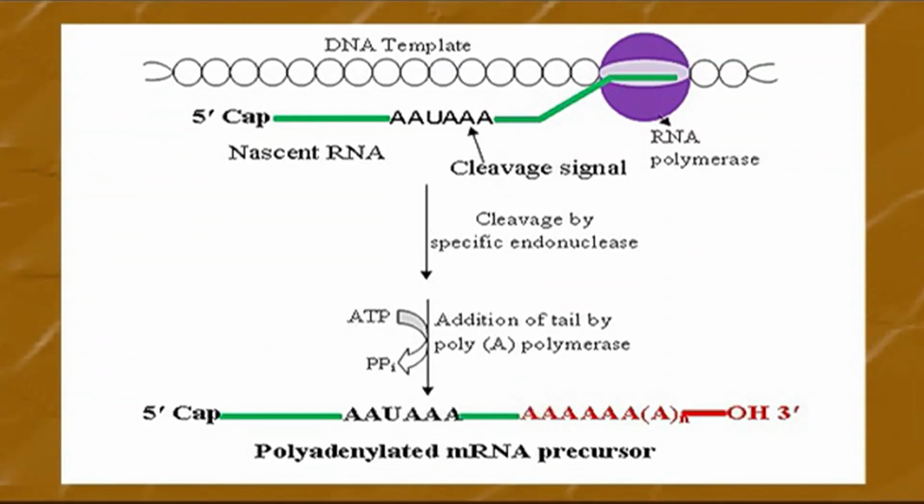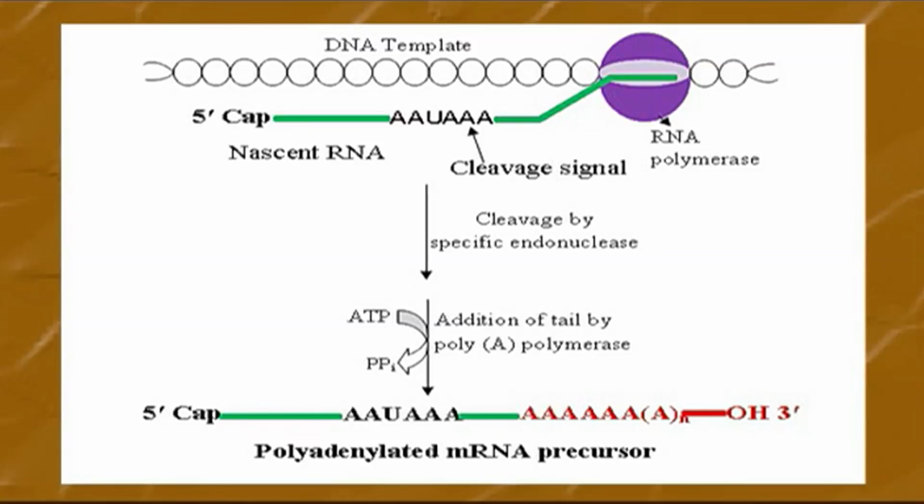Moreover, a sequence 5' AAUAAA has been found just on the 5' side of poly A addition site in several eukaryotic mRNAs. The poly A tail is added to 3' end of eukaryotic mRNA after processing of precursor mRNA.